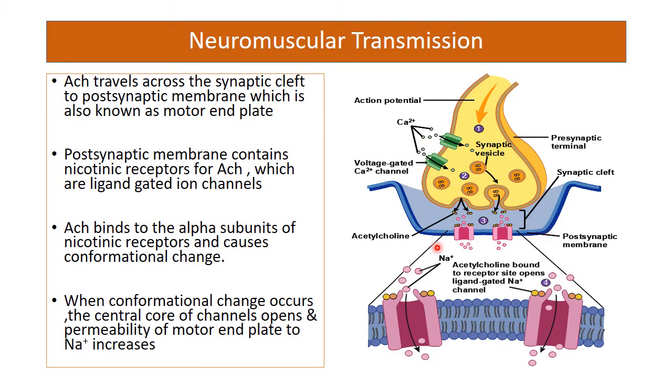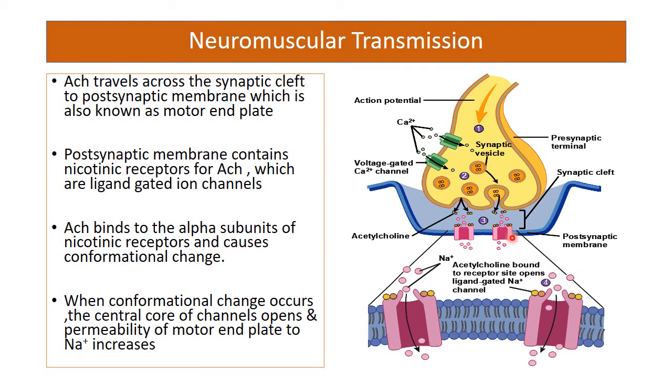You know, this area is also known as the motor end plate. You can see at number 3, acetylcholine present in the synaptic cleft. This is the synaptic cleft, and it is binding to the nicotinic receptors, acetylcholine receptors.